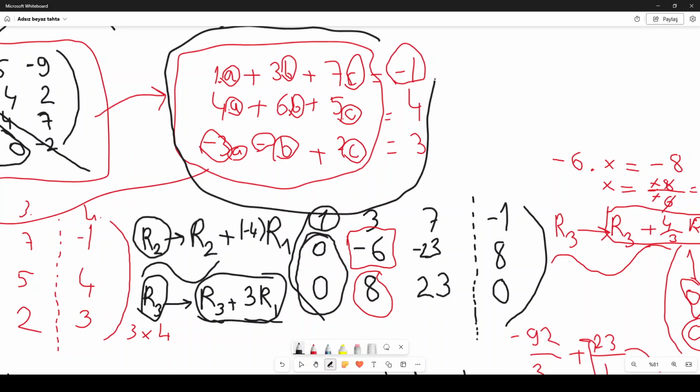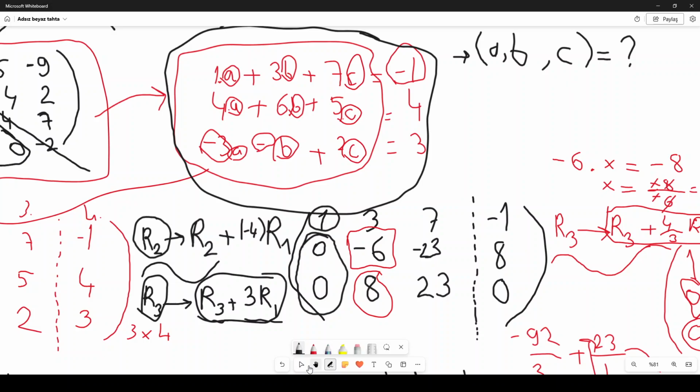We started at this point, and what we are trying to find is the A, B, C triple. The values of A, B, C that satisfy this system of linear equations simultaneously, such that it satisfies each equation at the same time.